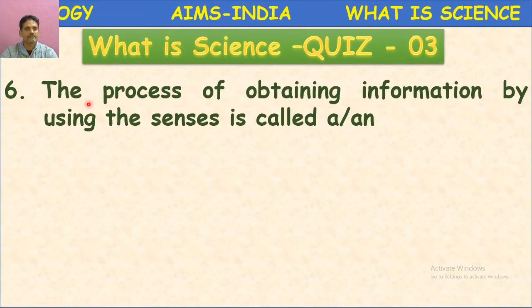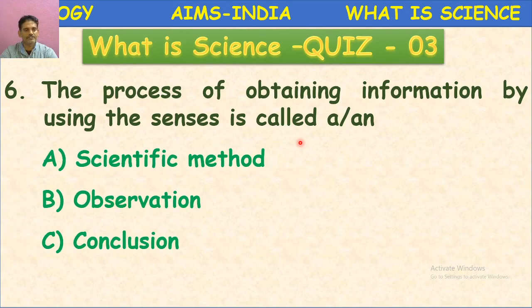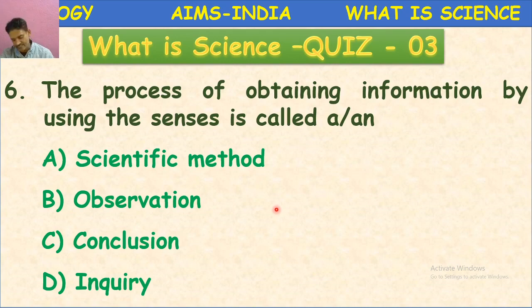Question number 6. The process of obtaining information by using the senses is called: scientific method, observation, conclusion, inquiry. The process of obtaining information by using the senses is called, very good, observation.